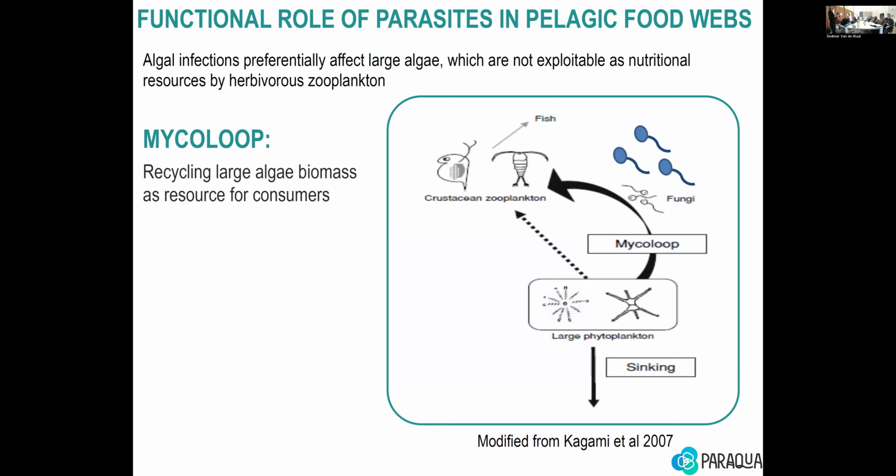As we said, these large algae are not directly exploitable as nutritional resources, but she understood that the fungal infection and the production of zoospores could be this alternative link to the consumer. The conceptualization of the mycoloop opened the way also for studying these dynamics and links in depth.